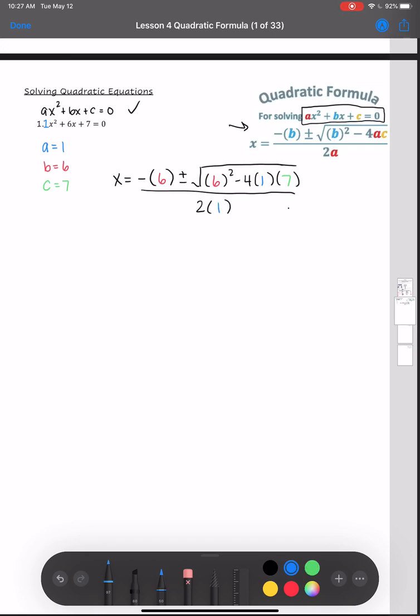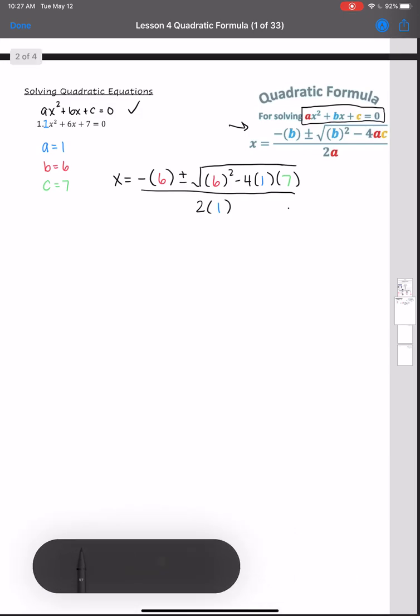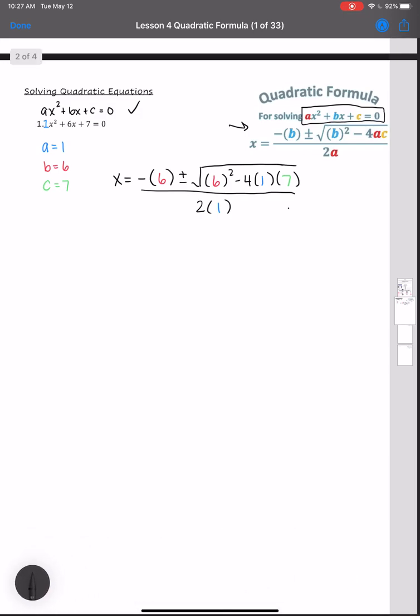So now from here, it's all just about simplifying. I'm going to show you the best way to do that. We're first going to take a look right here. What we have here is a negative times a positive, so that's going to become negative 6, plus or minus. Now, what's underneath the radical, and you're not going to include the radical in the calculator, what's underneath the radical goes in the calculator.